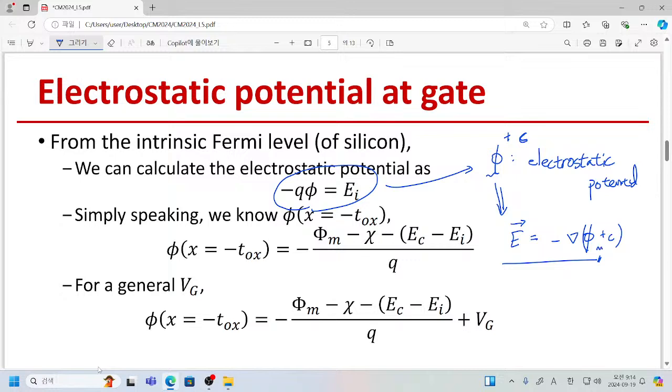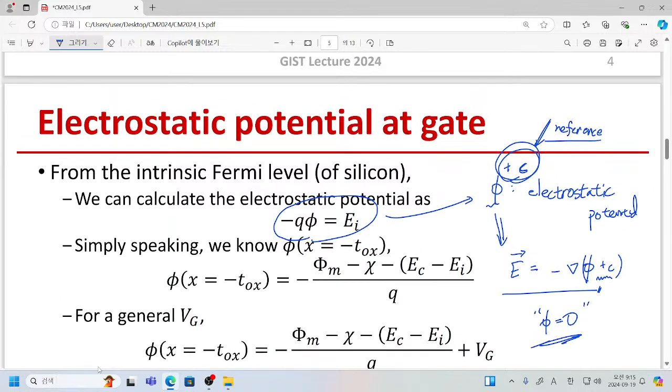Even when you have a certain position independent constant added to your electrostatic potential, that doesn't make any difference. So that is the problem. Then how can we set the reference of our electrostatic potential? What does it mean when we say electrostatic potential equal to 0? That is the main question of our study in this first part.